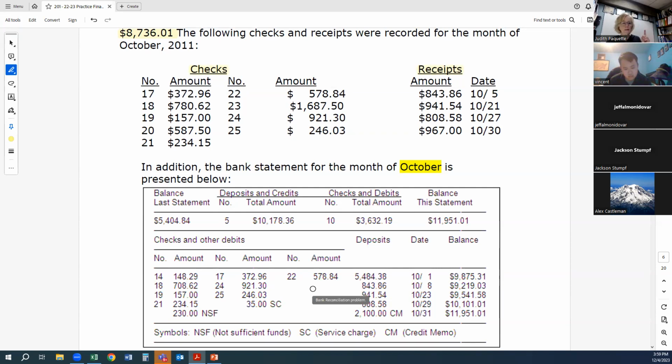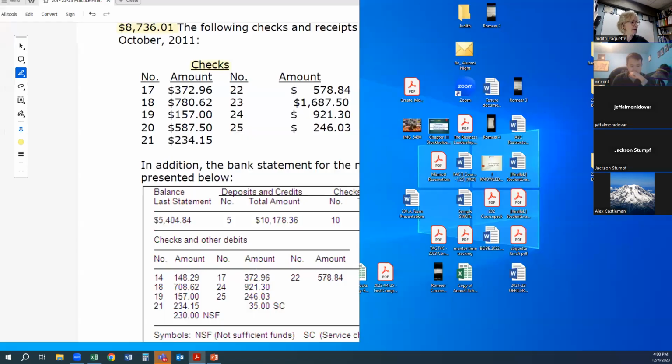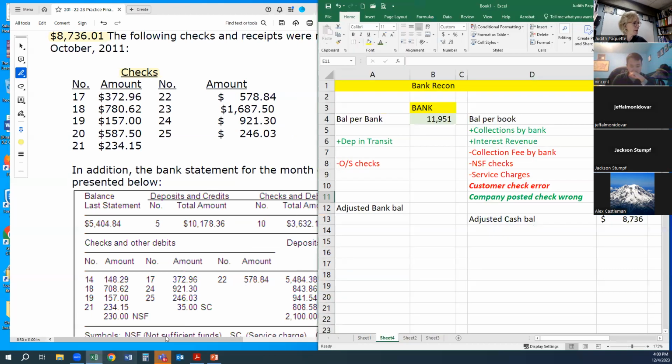So check number 20 is outstanding. Check number 21 cleared the bank. Check number 22 cleared the bank. Check number 23 did not clear the bank. Check number 24 and 25 did clear the bank. So we have 2 checks, check number 20, check number 23, that did not clear the bank. So let's go put them up here.